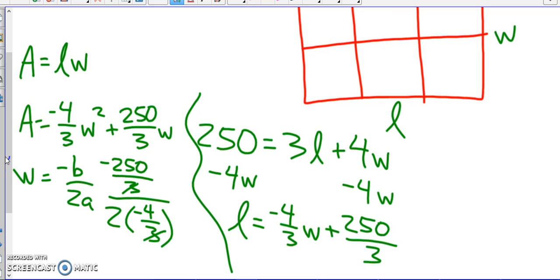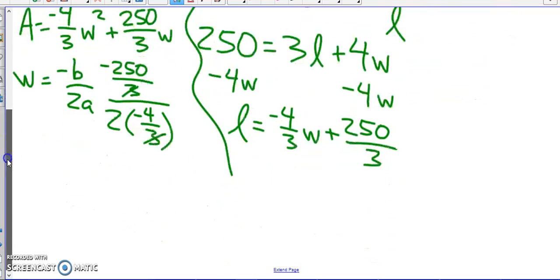So basically we take 250 and divide it by 8. So that would be what? 125 over 4? You reduce it? And that would be in meters.